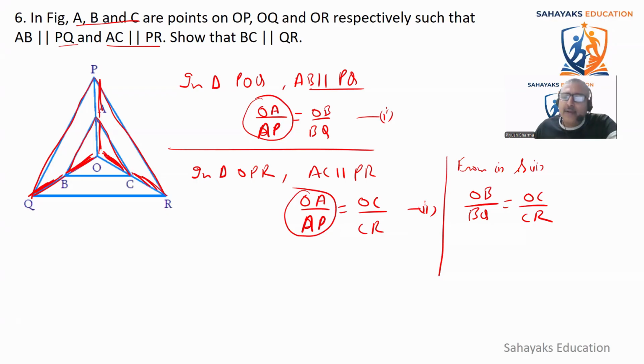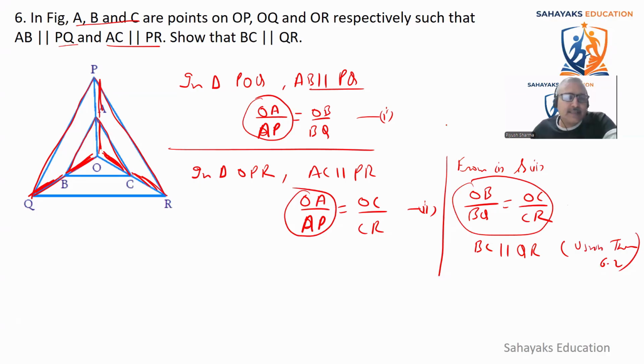And because this is the same, by theorem 6.2, we can say that BC is parallel to QR. Using theorem 6.2: a line which divides two sides of a triangle in the same ratio is parallel to the third side of the triangle.